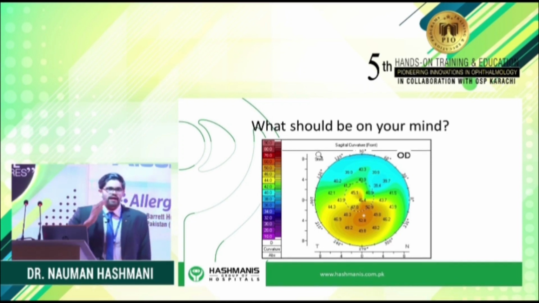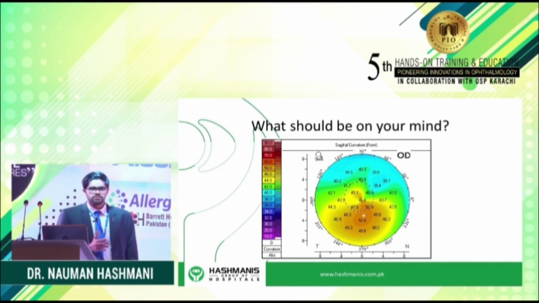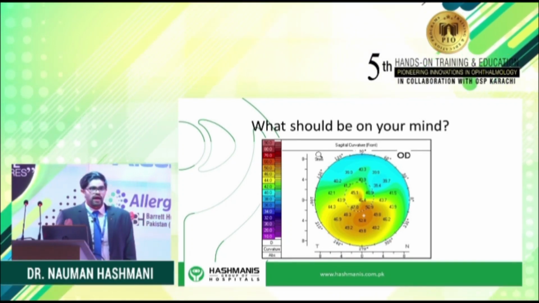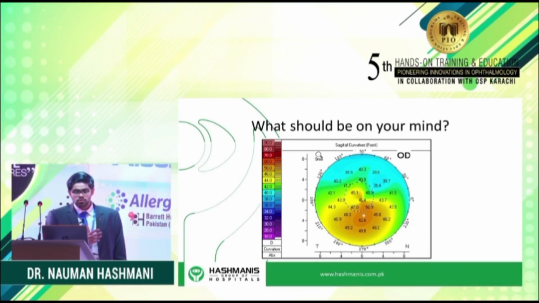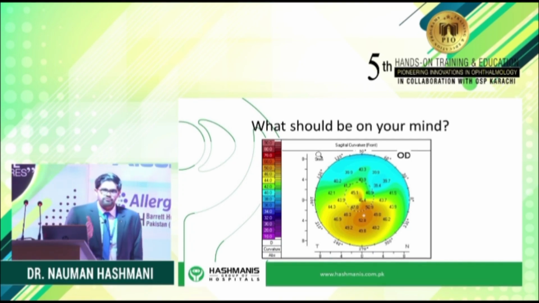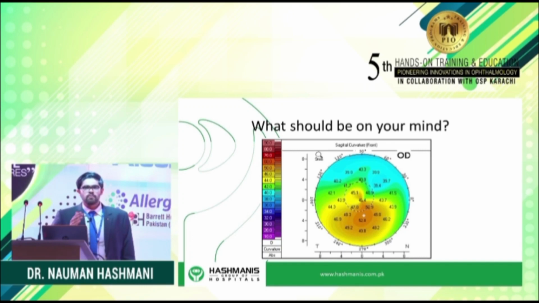If you have a high angle kappa, your sagittal curvature maps will be out of range, and in the next few slides you will see how that works. Now, a Pentacam cannot give you angle kappa. A topographer can, but a Pentacam or a corneal tomographer that works on the Scheimpflug principle will not give you angle kappa.